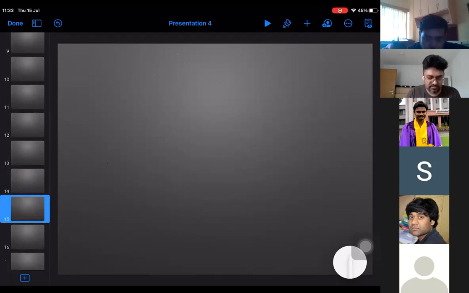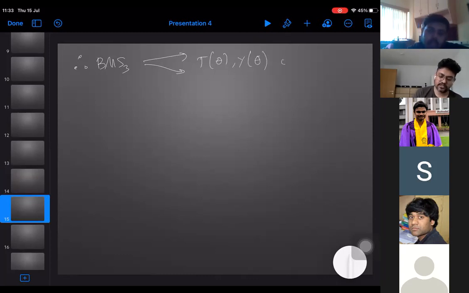Now, this is also an exercise for you if you want to do. For example, for the BMS3, from this method, it is characterized by two arbitrary functions on the circle, as you can see before.